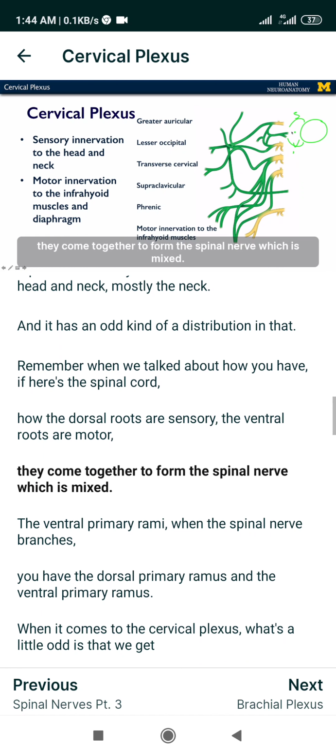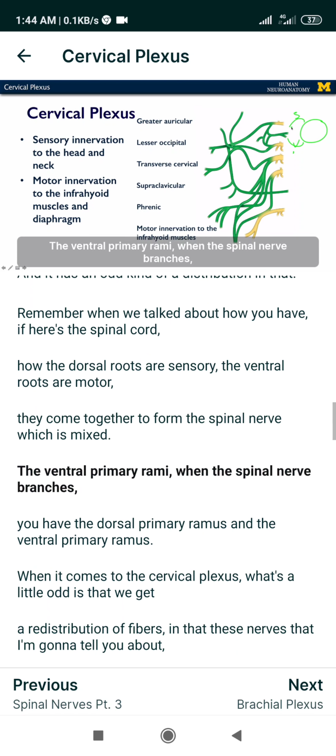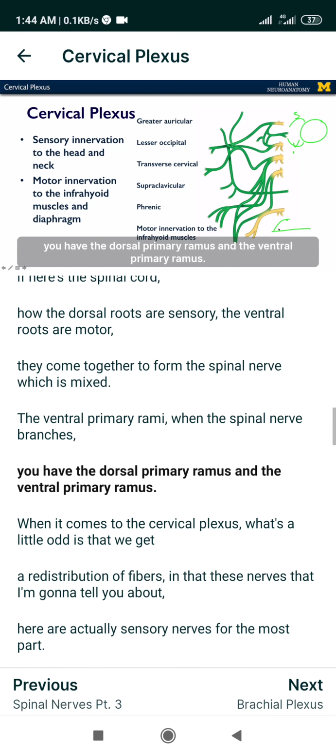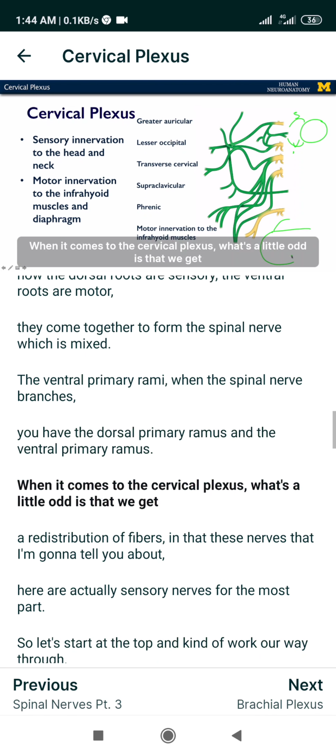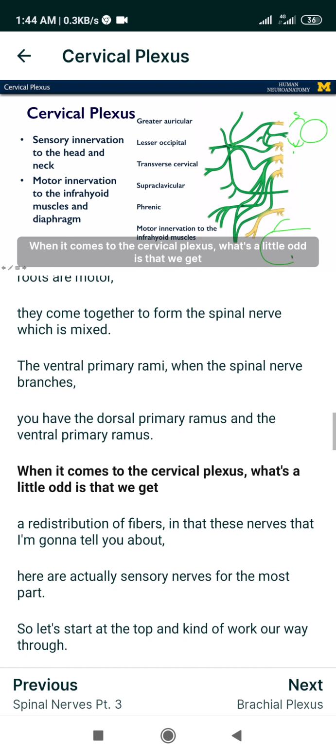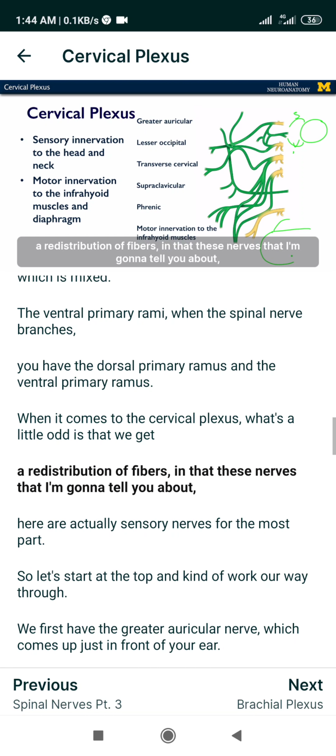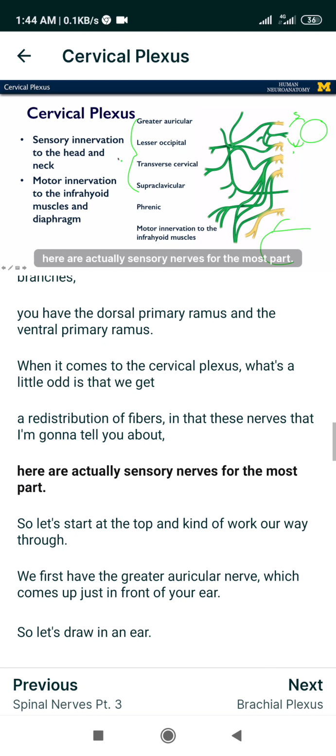They come together to form the spinal nerve, which is mixed. When the spinal nerve branches, you have the dorsal primary ramus and the ventral primary ramus. With the cervical plexus, what's a little odd is that we get a redistribution of fibers, in that the nerves I'm going to tell you about here are actually sensory nerves for the most part.